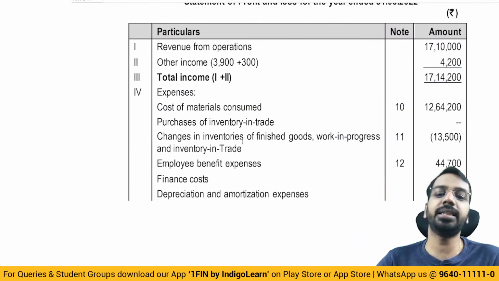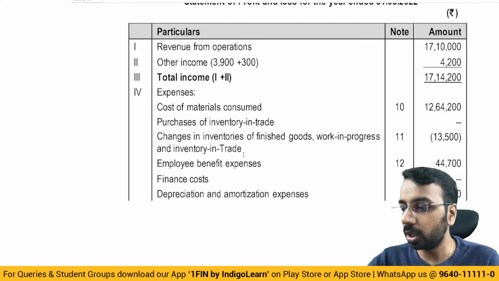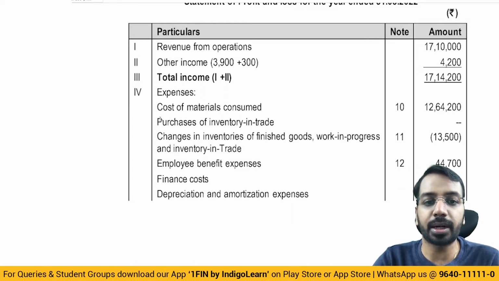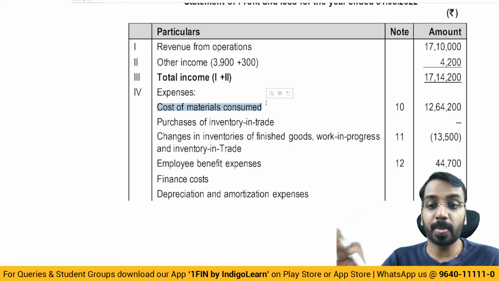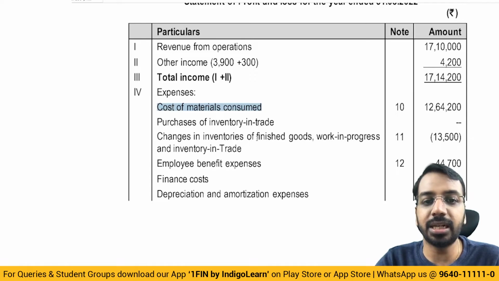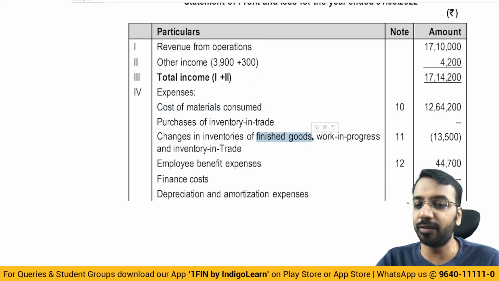Then changes in inventory of finished goods, WIP and inventory in trade. Please remember the raw material consumed part right here, cost of raw material consumed. This automatically takes care of your changes in raw material. So when we talk about changes in inventory, it is only about finished goods, WIP and inventory in trade. Here you only have finished goods.